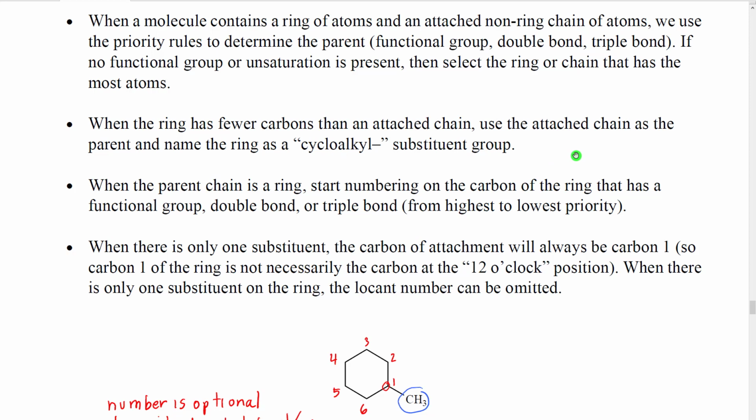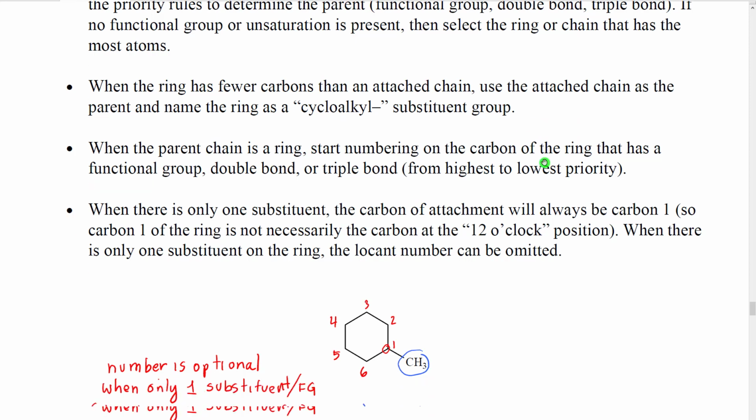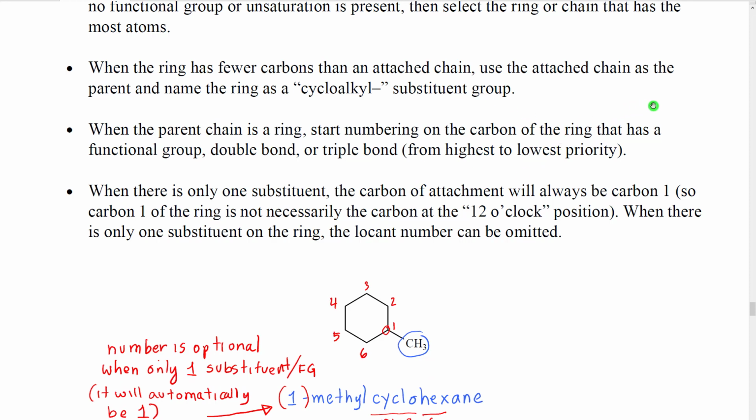When the parent chain is a ring, what we're going to do is count up the number of carbons in the ring and determine the parent name, and then we're going to start numbering on the carbon of the ring that has a functional group or a double bond or a triple bond from highest to lowest priority. If there are none of these, we will talk later about how we handle numbering.